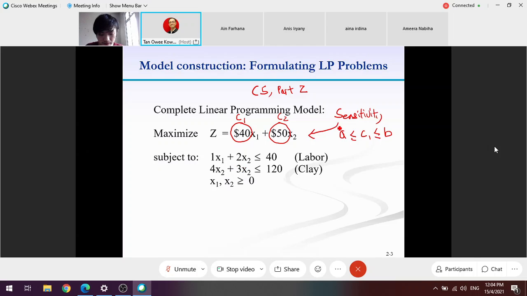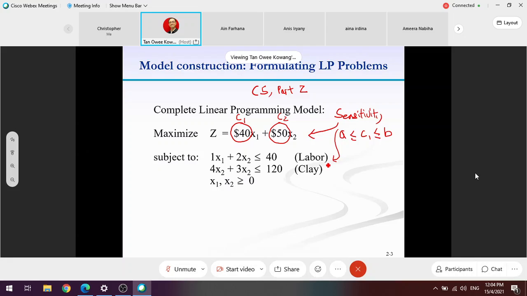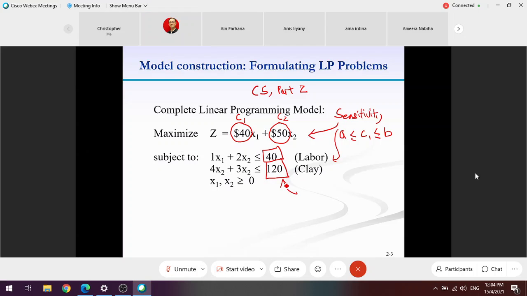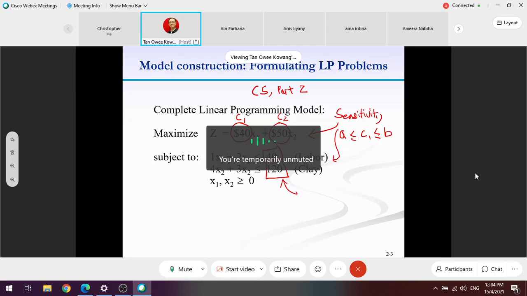Today, we're going to talk about the sensitivity range for the constraint. This sensitivity range for the constraint refers to the sensitivity range for these two numbers. What are these two numbers representing? What is the 40?